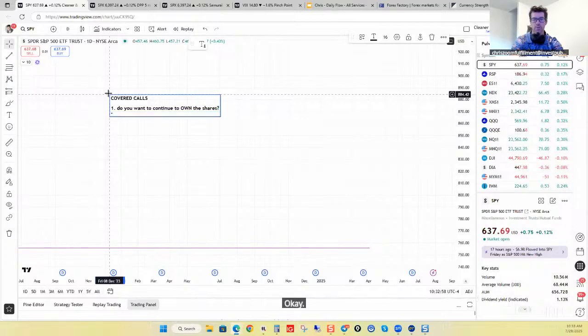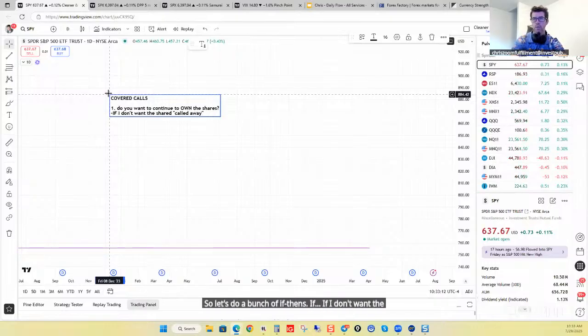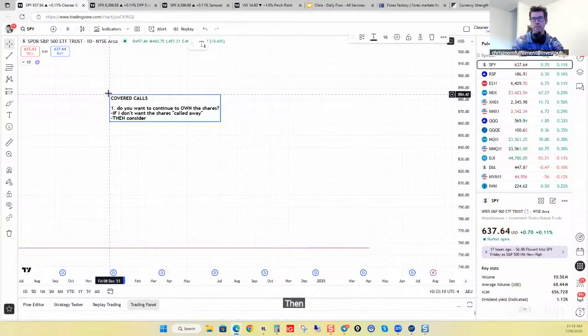For example, I don't want the shares called away, right? So let's do a bunch of if-thens. If I don't want the shares called away, then consider selling out of the money covered calls, right?